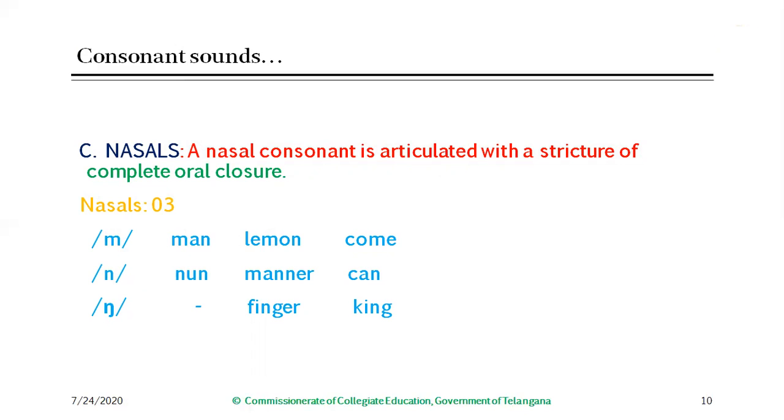We use our nose naturally for producing this kind of sounds. There are three nasal sounds in the English language. Ma, ma. Here we close our mouth and use our nose. That's why they are called nasal sounds.